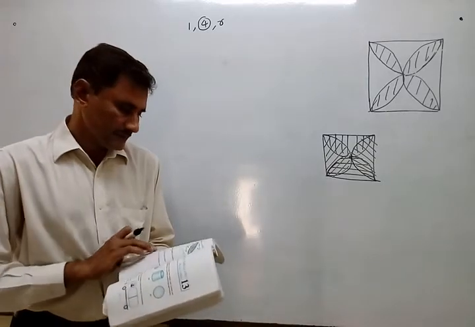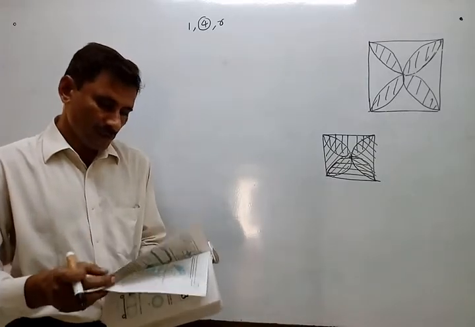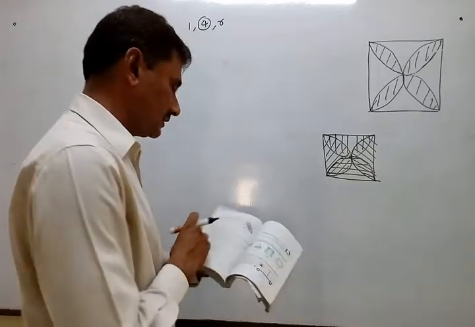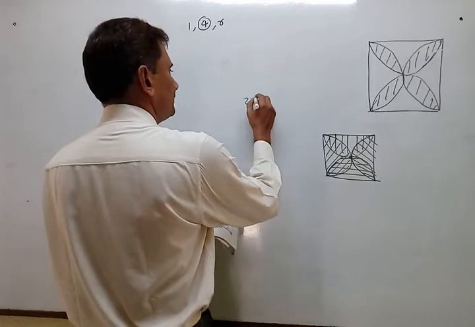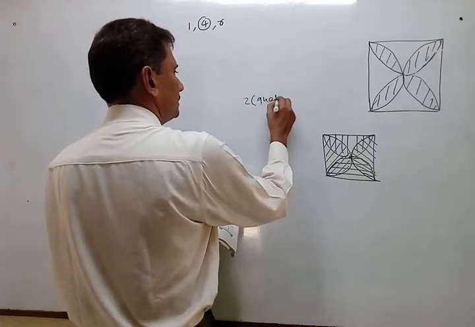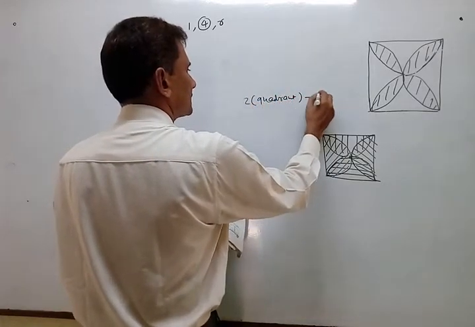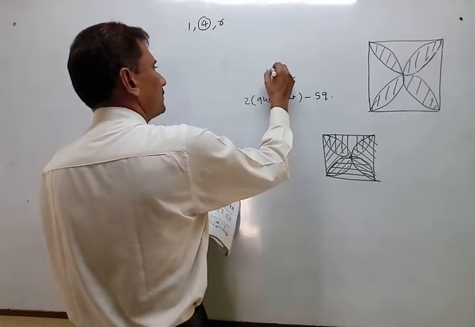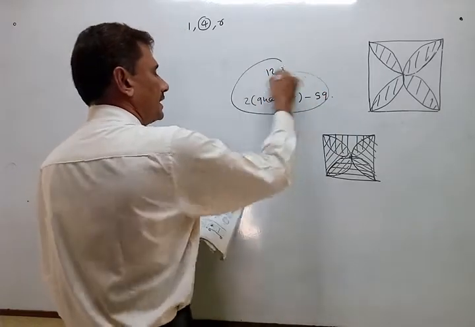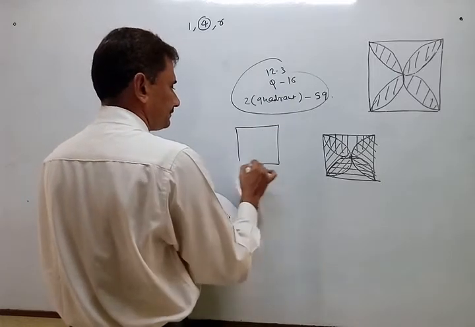Okay, this is question number 16 of 12.3. We wrote there 2 quadrant minus square. I am talking about question number 16 of 12.3. It was just like that.